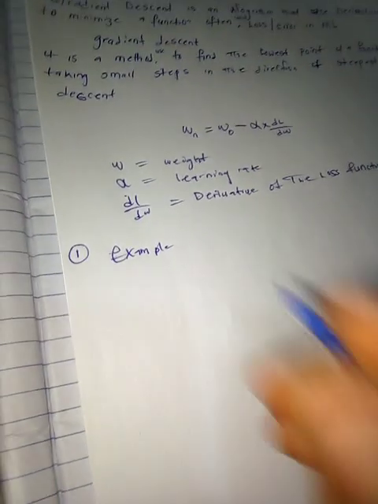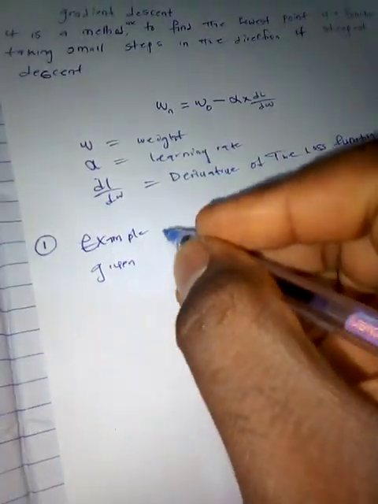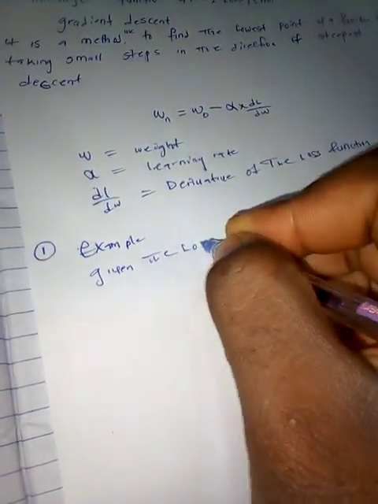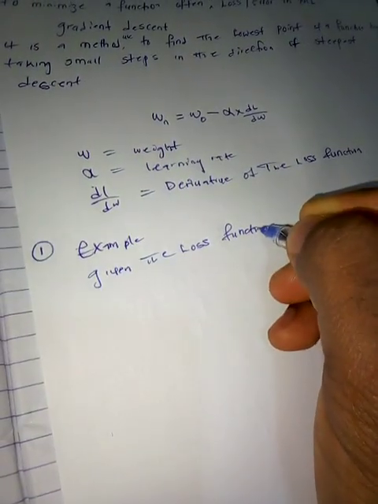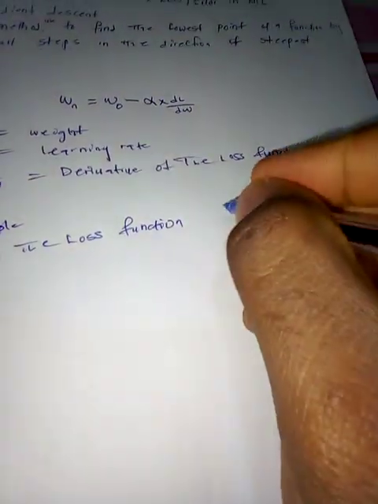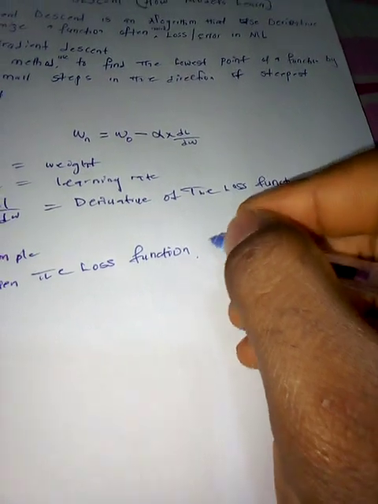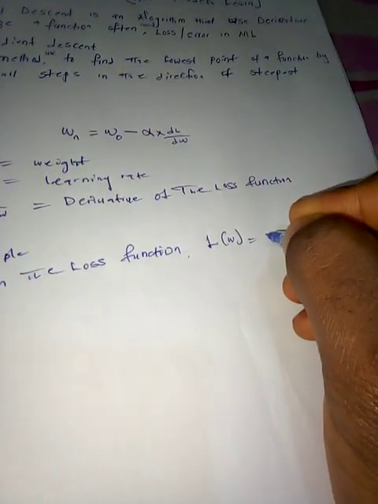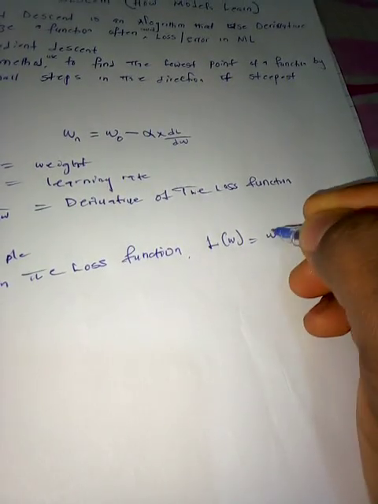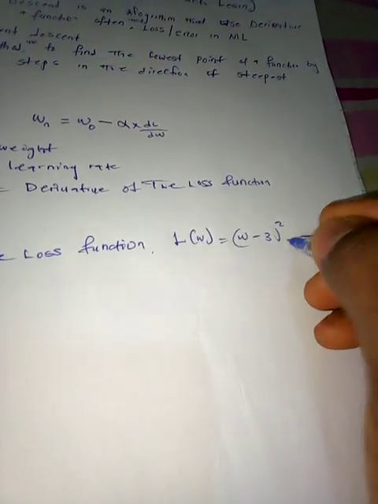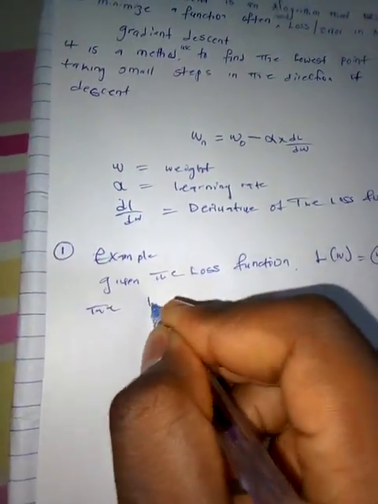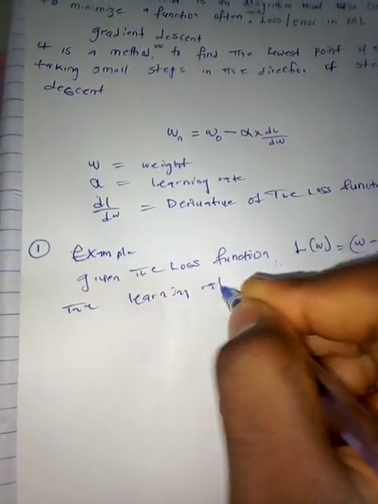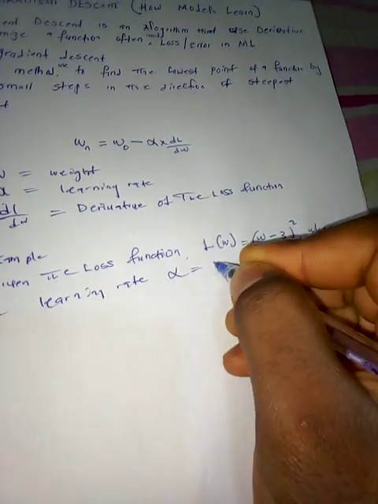Example number one. Given the loss function L of W is equal to W minus 3 raised to the power of 2, where the learning rate, alpha, is equal to 0.1.